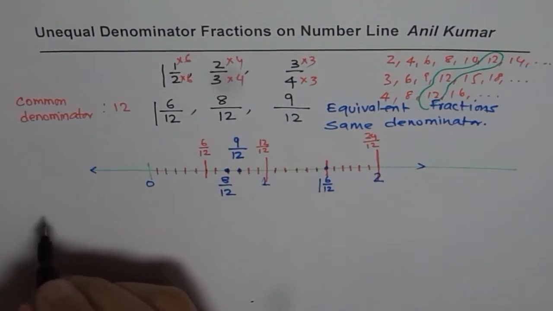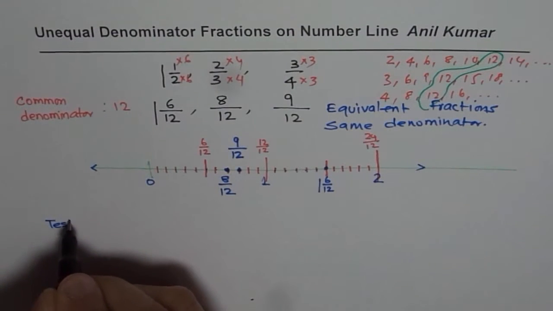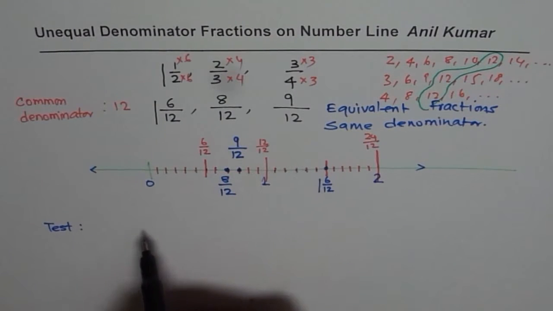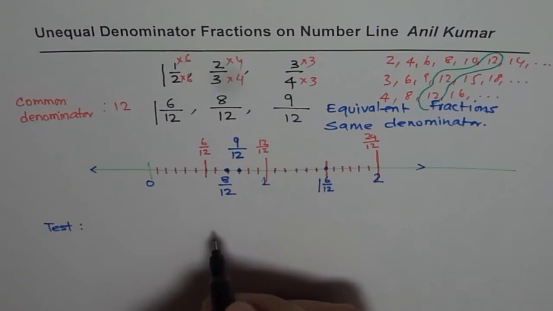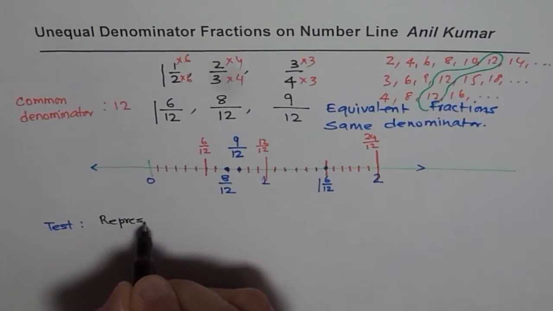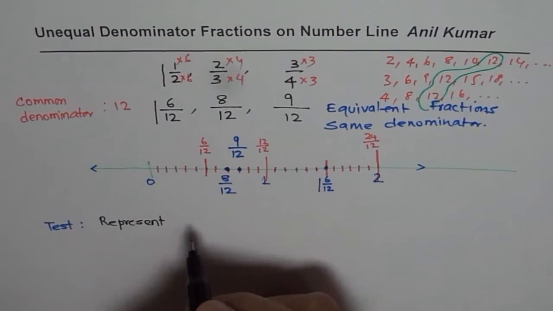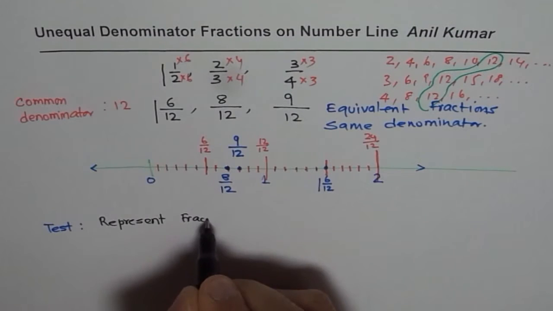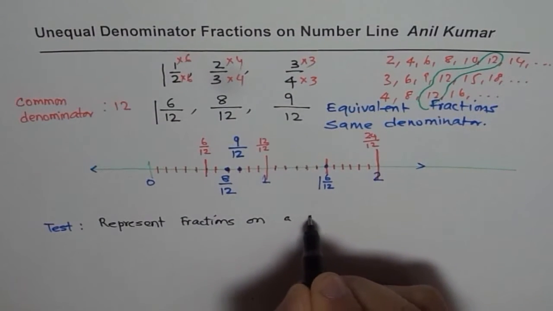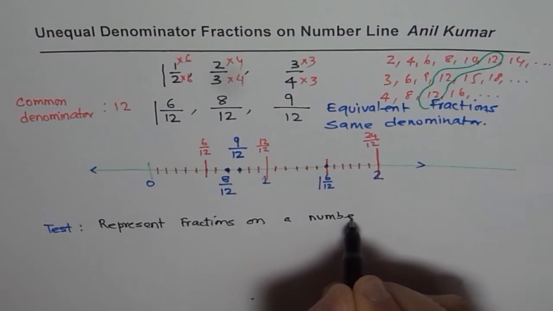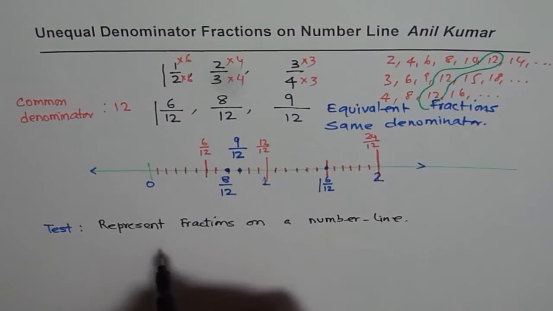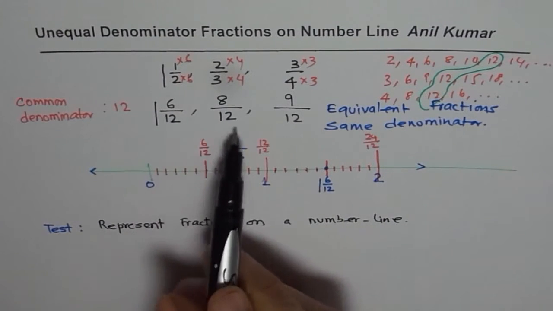Now here is a test question for you. Let me write down three different fractions. You have to represent them on the number line. The fractions for you have different denominators.